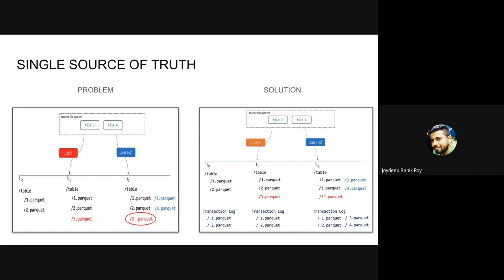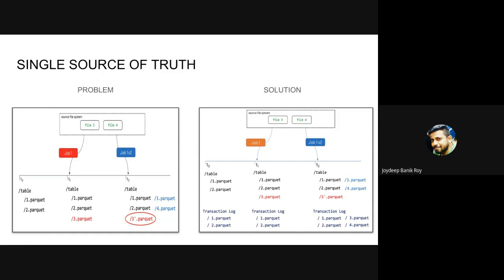Finally, when your job 1 version 2 ran, it added 3.parquet and 4.parquet, and that is recorded in the transaction log. All four are recorded. So you can already see an intuition. Say you were a Spark job trying to read this Delta table or this GCS path.